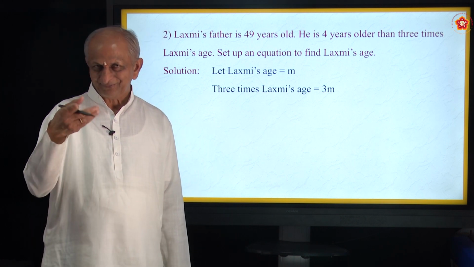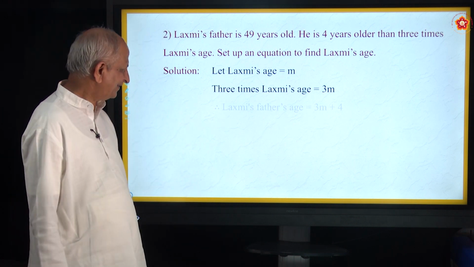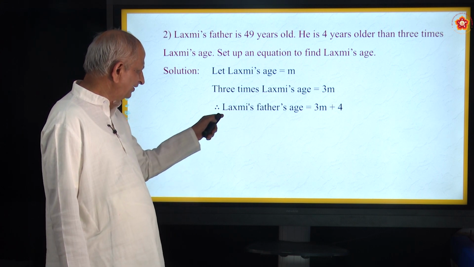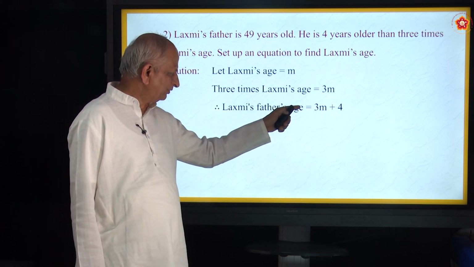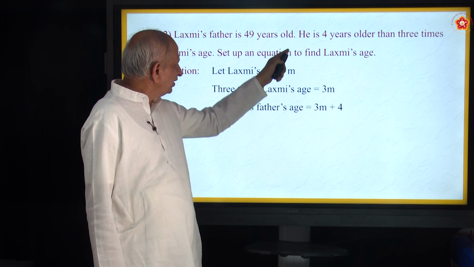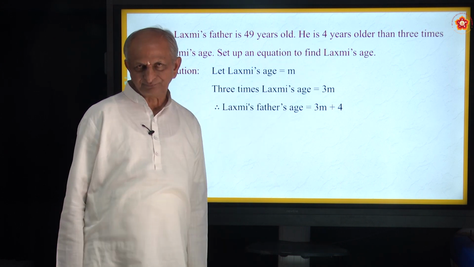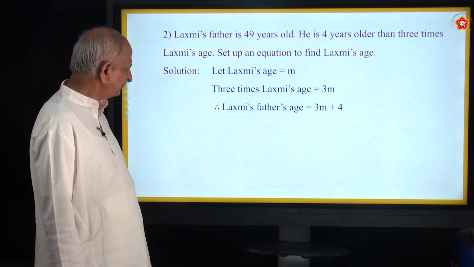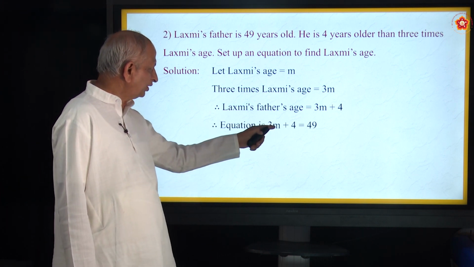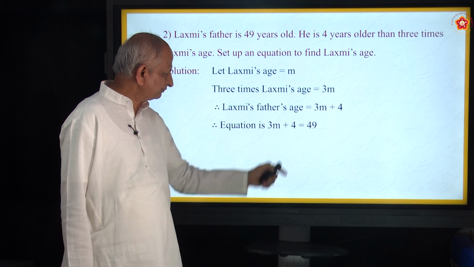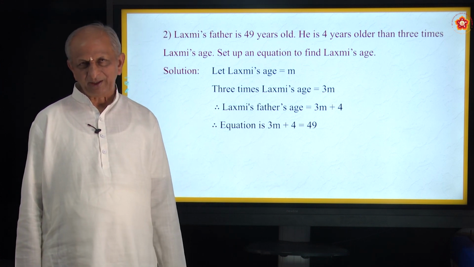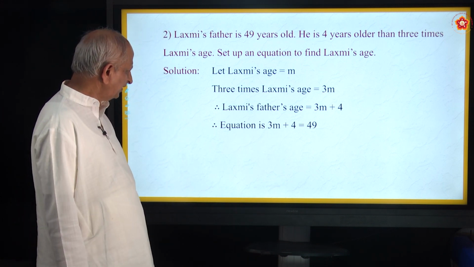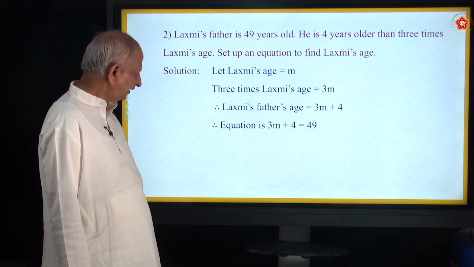Are you picking up? Okay. Now Lakshmi's father's age will be 3M. It is 4 years older, plus 4. So 3M plus 4 is equal to, age is given as 49. 3M plus 4 is equal to 49. So the equation is 3M plus 4 is equal to 49.